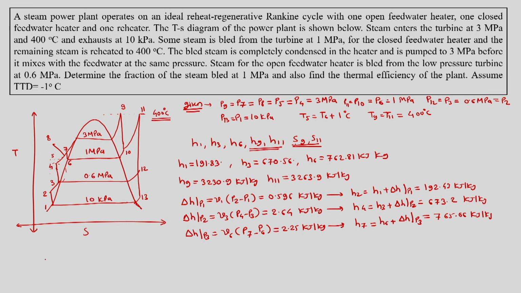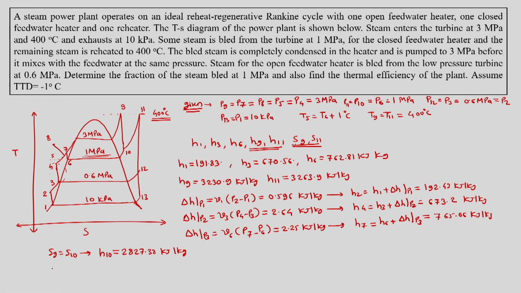Then we will also mention the other enthalpies as H9, and H9 is 3230.9, which is mentioned. So for this we can go and see for 1 megapascal case at what temperature we have S9 is equal to S10, and record the enthalpy at S10, which would come out to be 2827.38 kilojoule per kg.